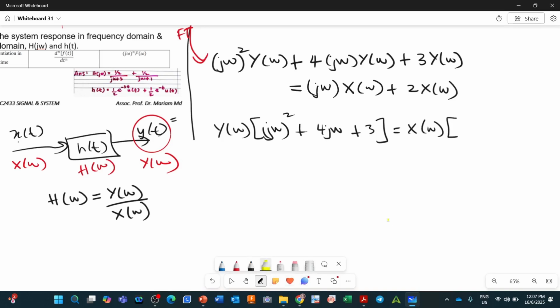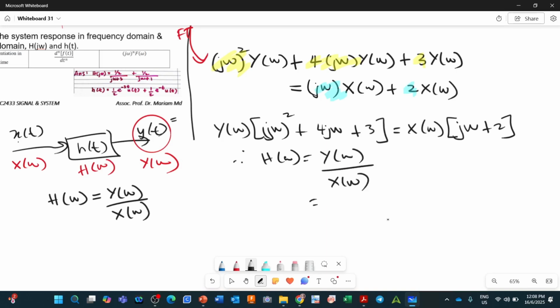Okay, so what you're going to take out is this one, for J omega. So you get X omega times (J omega plus 2). We want it in terms of H omega. So therefore, H omega is equivalent to Y omega over X omega.